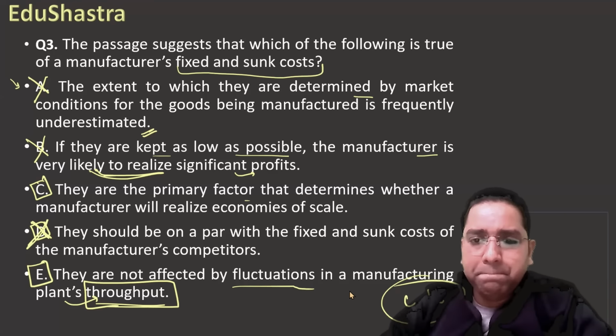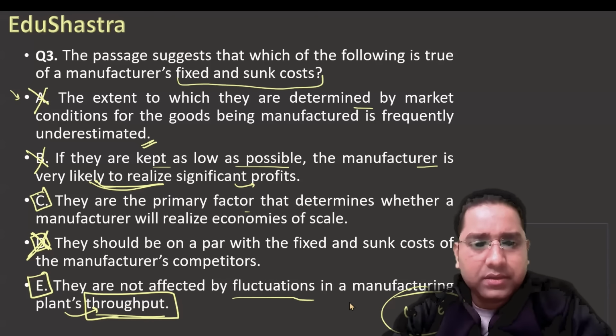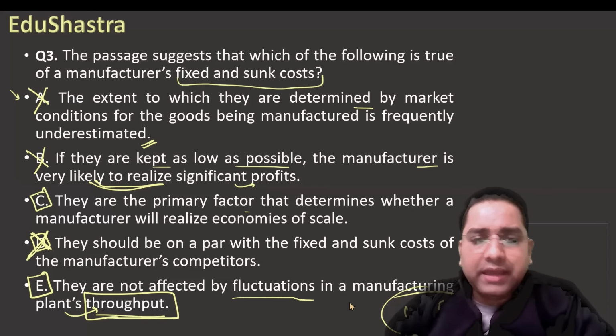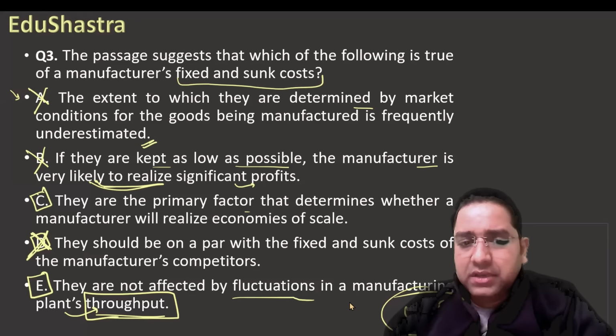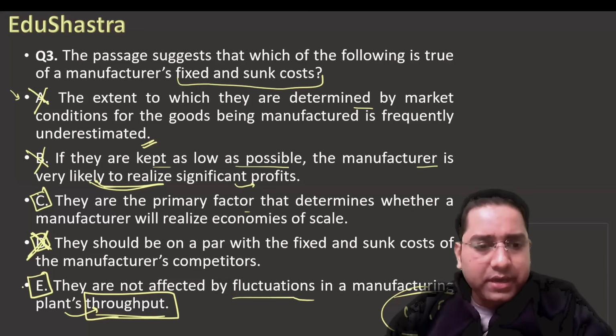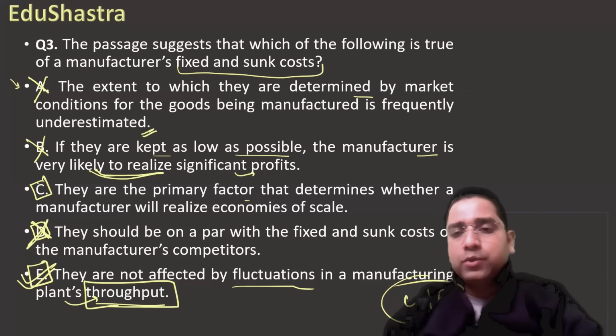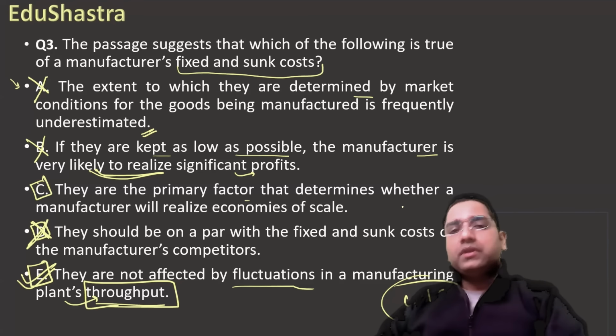Please answer me. Because C is emphasizing that the crucial factor in achieving economies of scale is efficient operation of the facilities, not the size of the firm, correct? Yes. So if we compare the two options, I find E is actually making more sense than C.